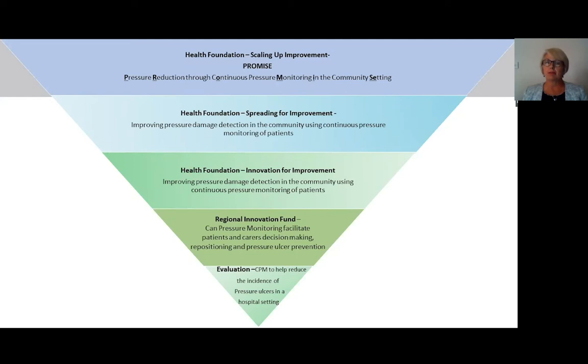We then had some further money and we were able to spread the learning from that, had another £30,000, and then that culminated in the project that we're undertaking now called Promise, which is pressure reduction through continuous pressure monitoring in the community setting. And as I say, I'll speak about that at the end of the presentation.